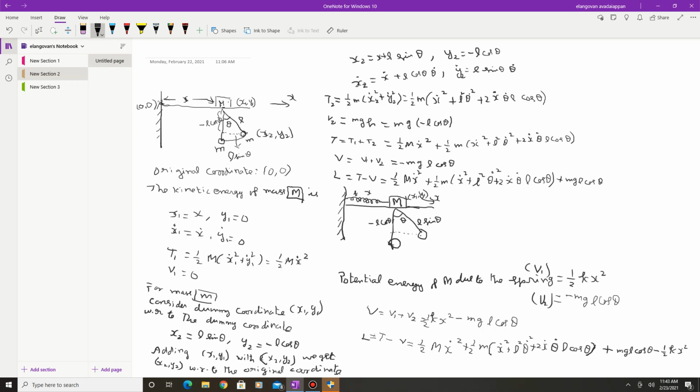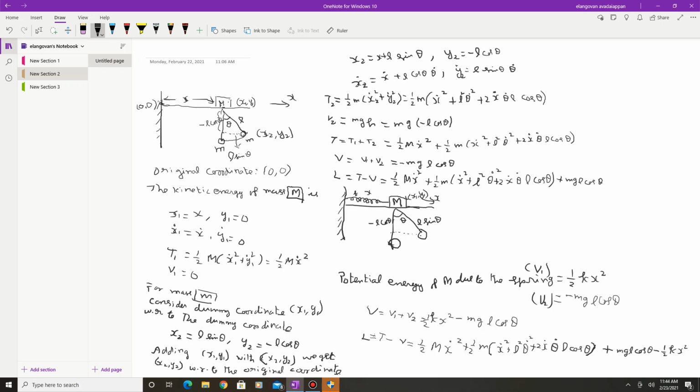So the total potential energy is V1 plus V2, which is equal to half kx square minus mgL cos theta. Now the kinetic energy is the same that we have already determined, for the block of mass M as well as the bob of mass m, the same as in the previous problem. So let us take the same expression from the previous problem.